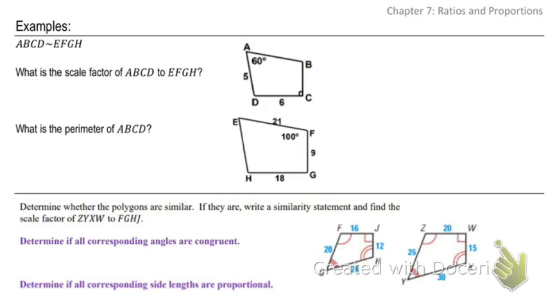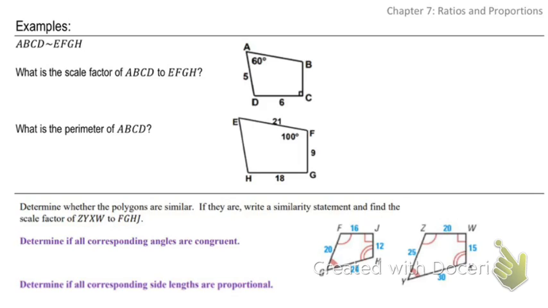All right, there's pencils flying. Here's my example. So we have ABCD is similar to EFGH. I'm going to pause before I even read the question on it. Because a lot of times in these questions, on a test, one of the easiest things I'm going to ask you is, what's the measure of all the angles?